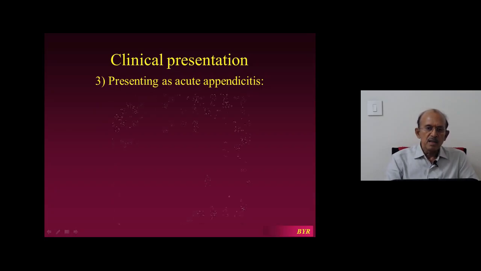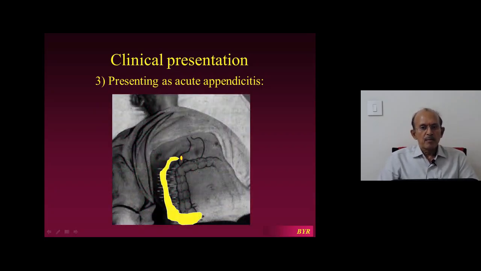Now, in some cases where the perforation is very small and the fluid discharge from the stomach is also not as a gush, there is slow leakage. Then what happens? First, due to perforation, some fluid accumulates in the right hypochondrial region.